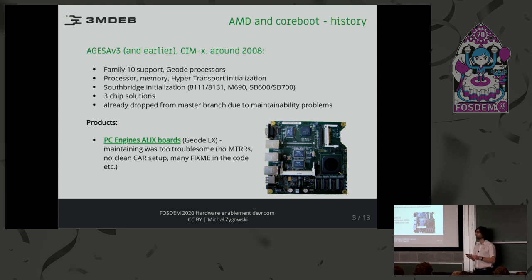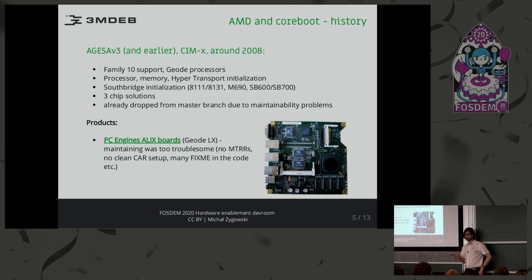These are currently not available in the master branch, but if you look at the older tags of the coreboot repository, you can find them. They were dropped because they were very hard to maintain. This was a pretty old architecture, and for example there were no memory type range registers, and the memory had to be set up in some non-common way.